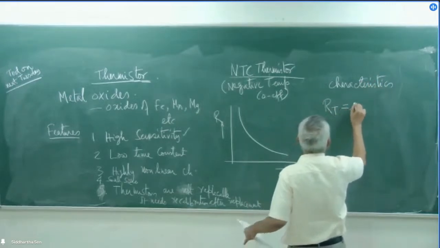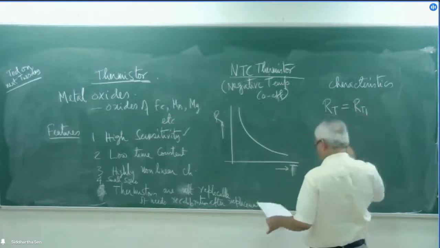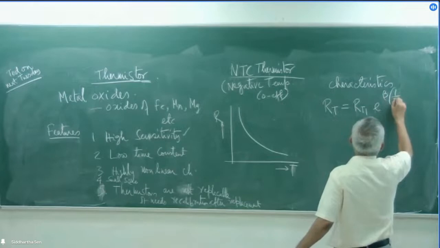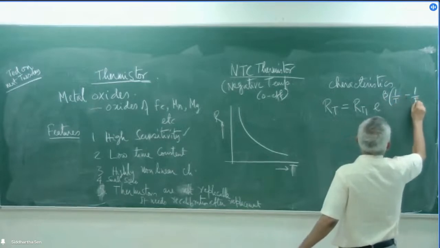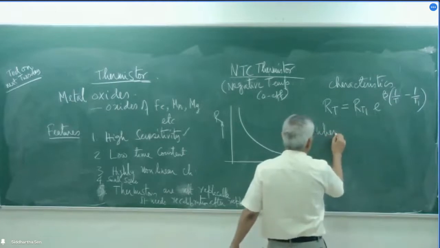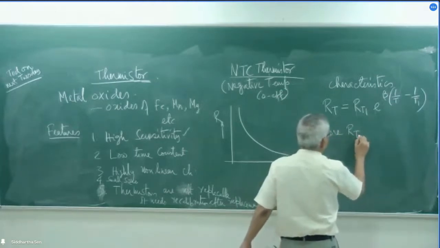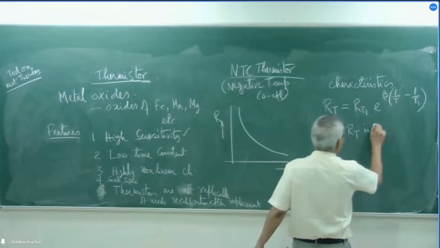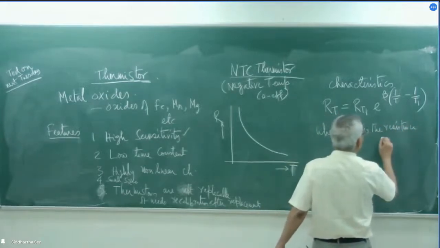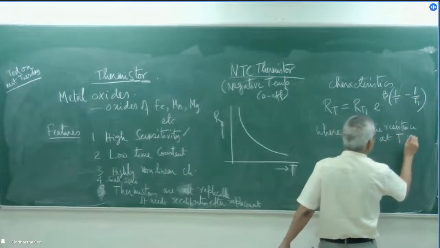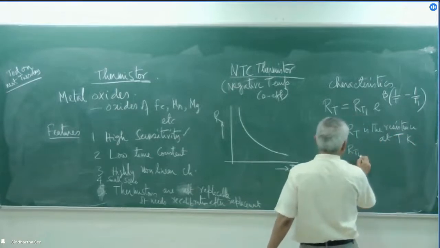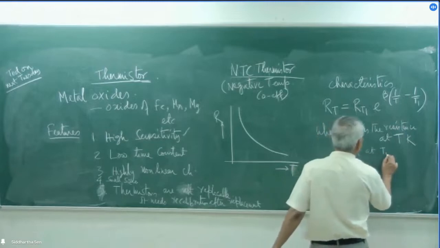RT is equal to RT1 e to the power beta into (1 by T minus 1 by T1), where RT is the resistance at T degrees Kelvin, and similarly RT1 at T1 Kelvin.